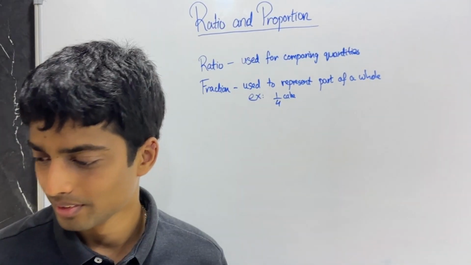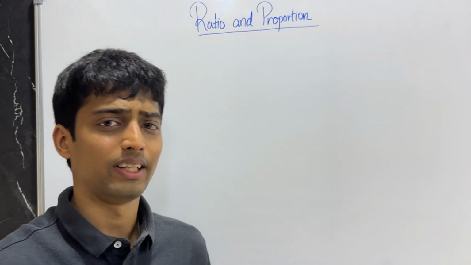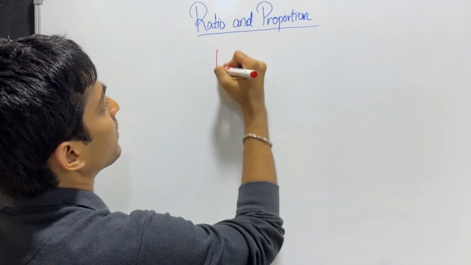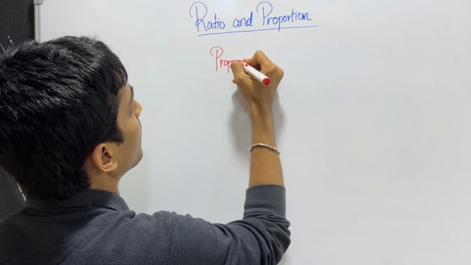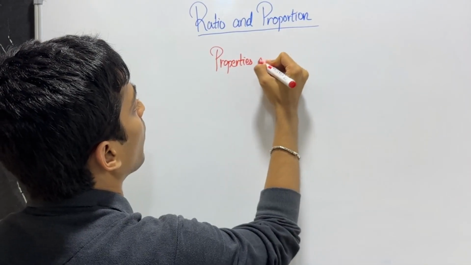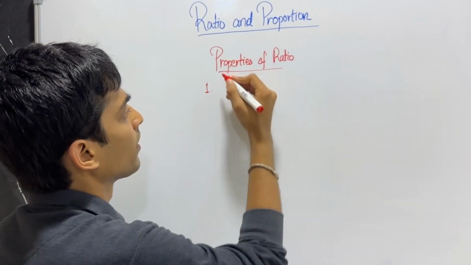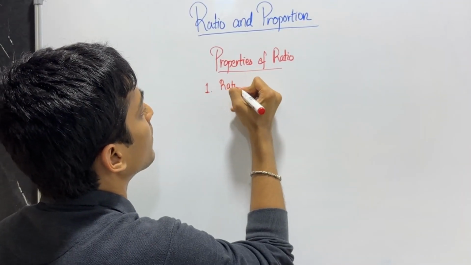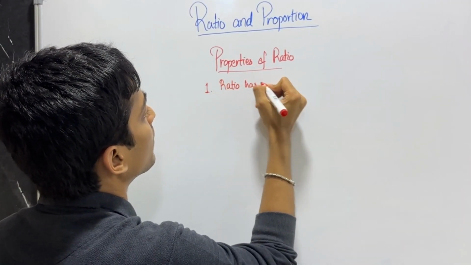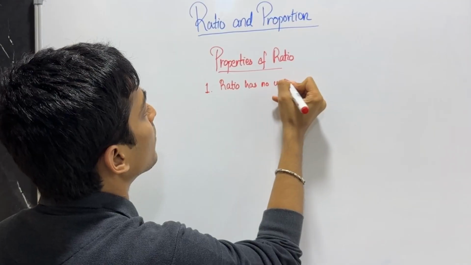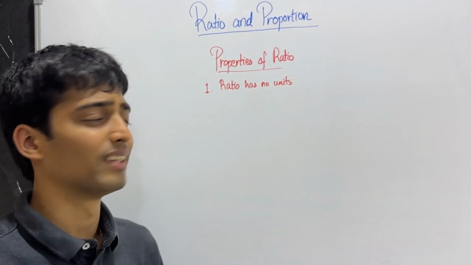Let's continue. I'll write some properties of ratio. Ratio has no units. Why does it have no units?